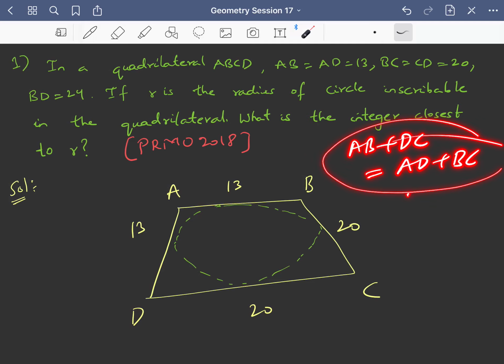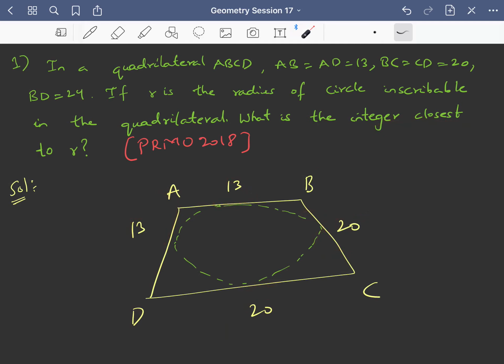So you can verify it here that 13 plus 20 is equal to 20 plus 13. So this is indeed a tangential quadrilateral, so there will definitely exist a circle which touches all the four sides. So you need to find the radius of that circle.